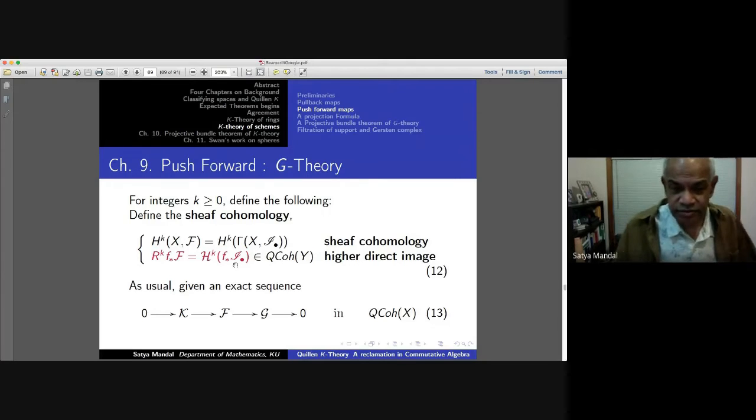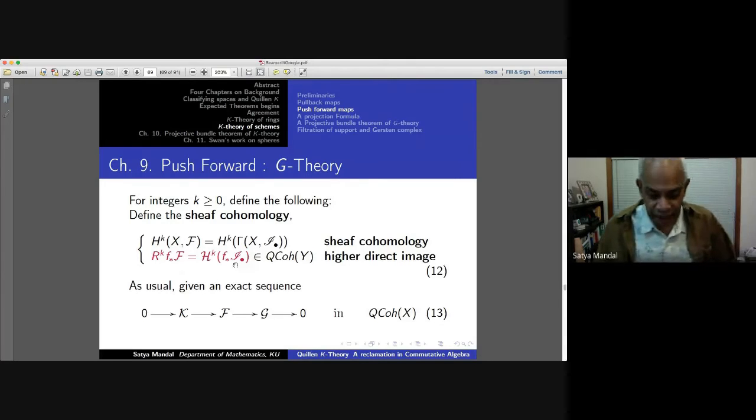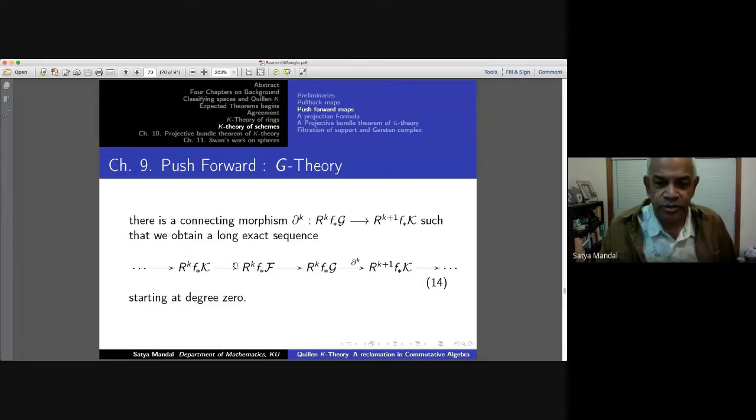The second one is a sheaf, a coherent sheaf actually. And like Ext, if I give you an exact sequence K to F to G, you have a connecting homomorphism and a long exact sequence. That's the higher direct image.